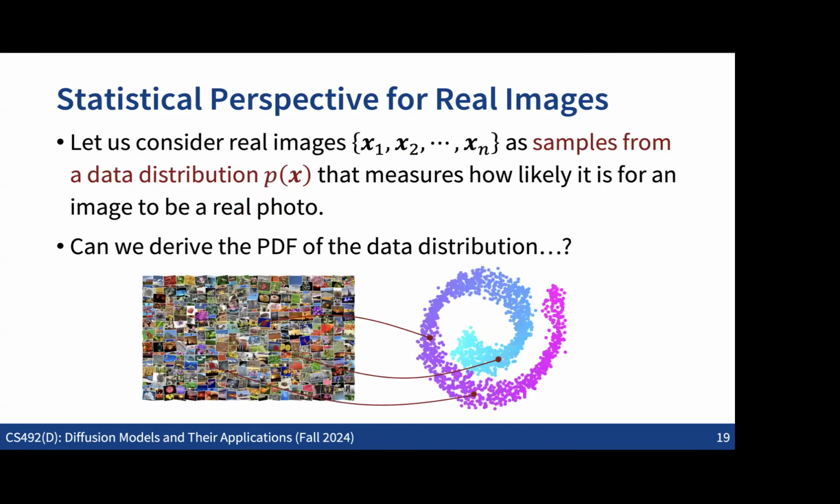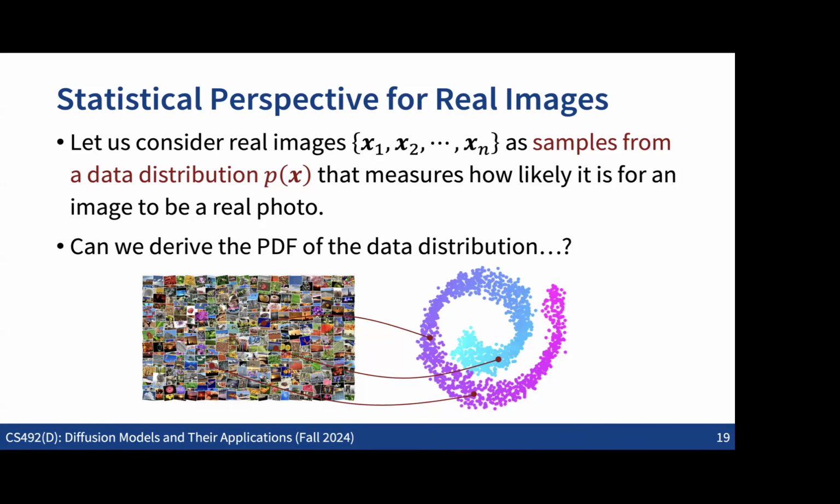So let's say we have a bunch of samples in this high dimensional space, and each point corresponds to a realistic photo. Given these samples, how can you derive the probability density function of the underlying distribution? The only information we have is the samples, but we don't know the underlying distribution.